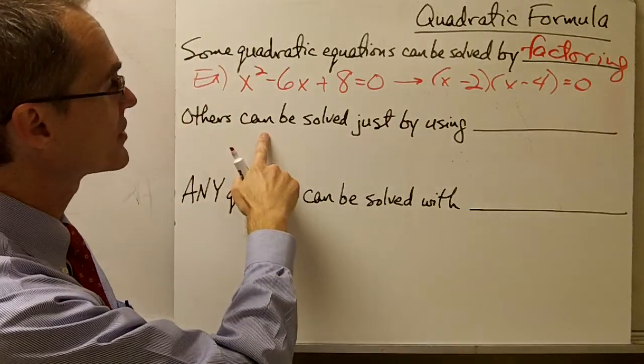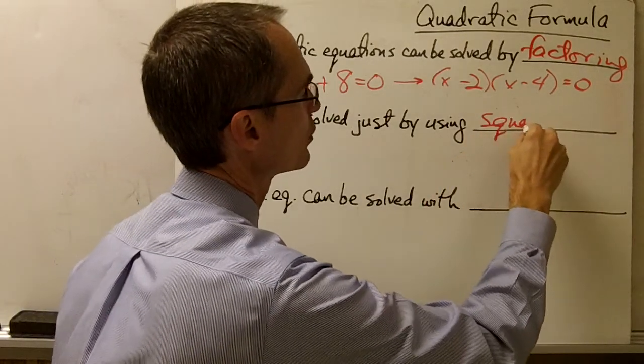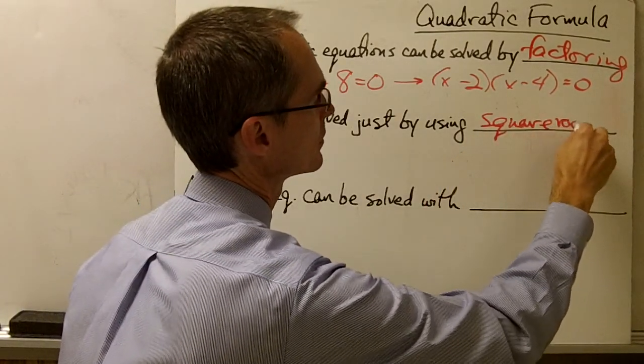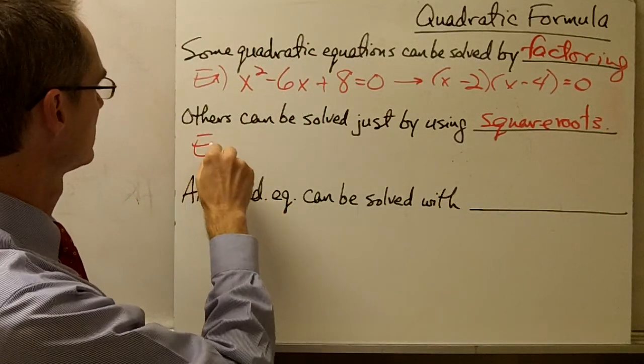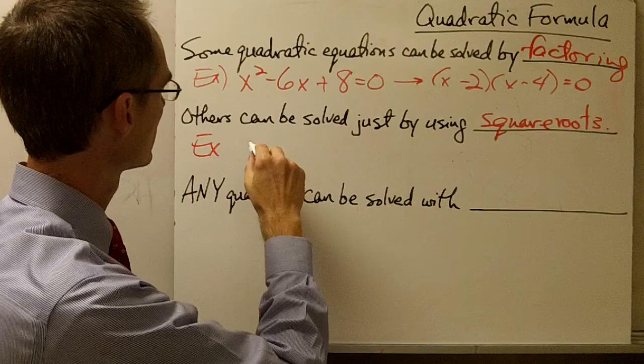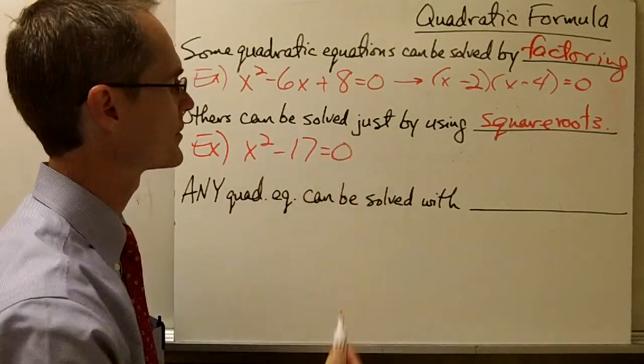Other quadratic equations can be solved just by using square roots. For example, x squared minus 17 equals 0.